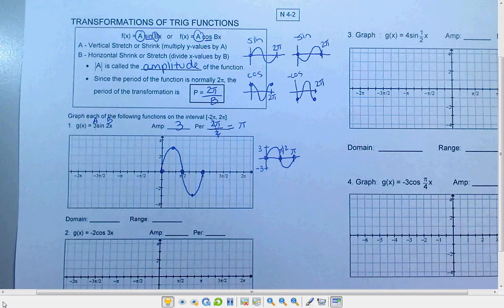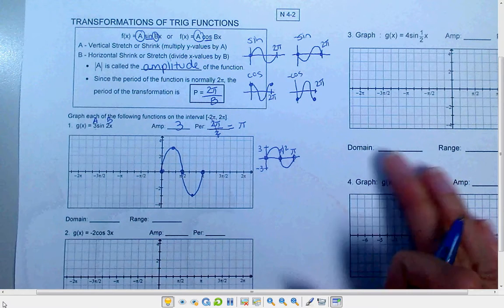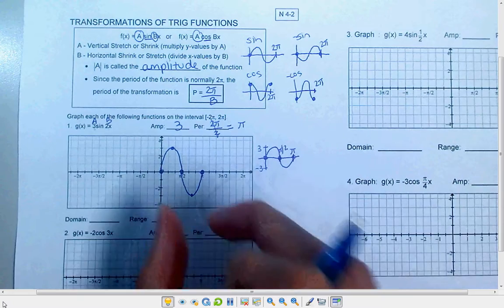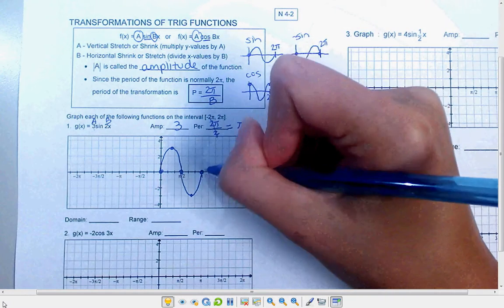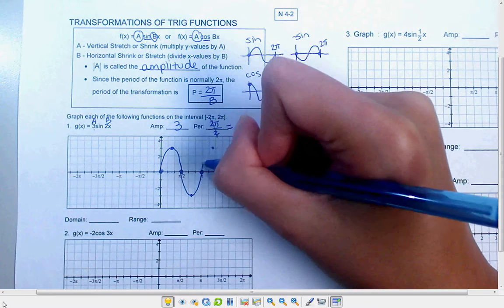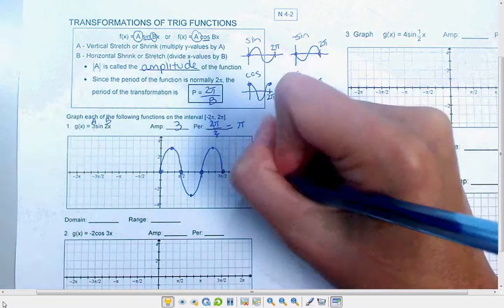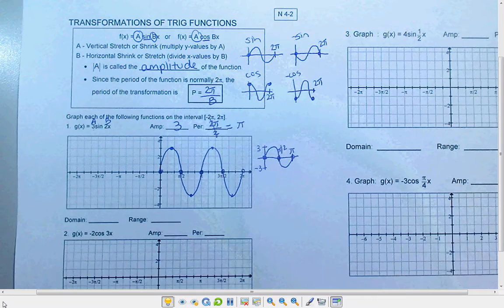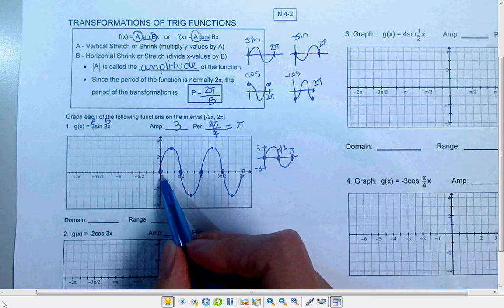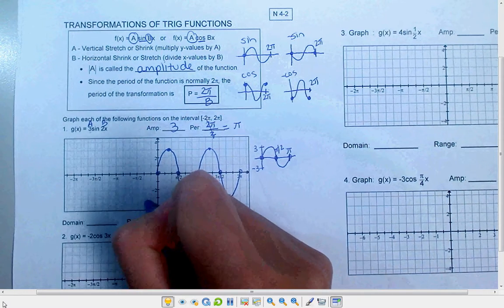Okay. And once I have this, I can just draw the rest of my graph by repeating this pattern over and over again. So from pi to 3 pi over 2, it's going to go up again, so make sure you alternate going up and then back down. And then same thing on this side. So because this is going up, we want this one to be going down.